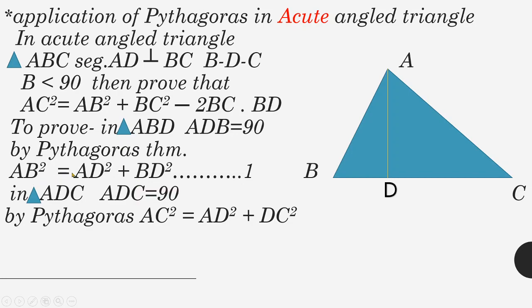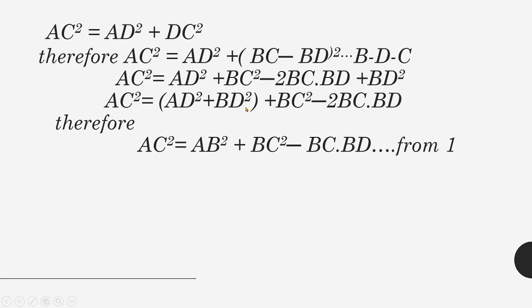In the first equation, AD square plus BD square is equal to AB square. So we can write AD square plus BD square as AB square. So our equation becomes AC square is equal to AB square plus BC square minus twice BC into BD, from equation 1. So we proved this relation using Pythagoras theorem in an acute angle triangle.